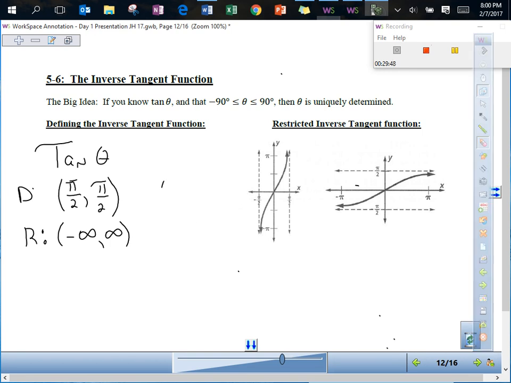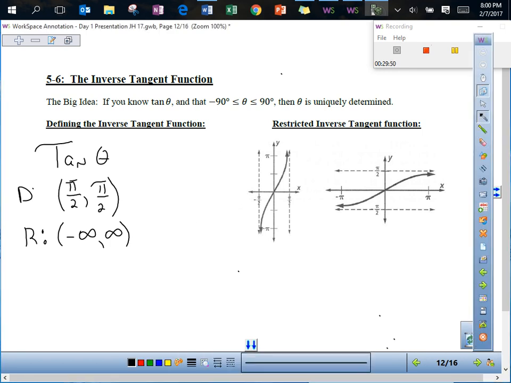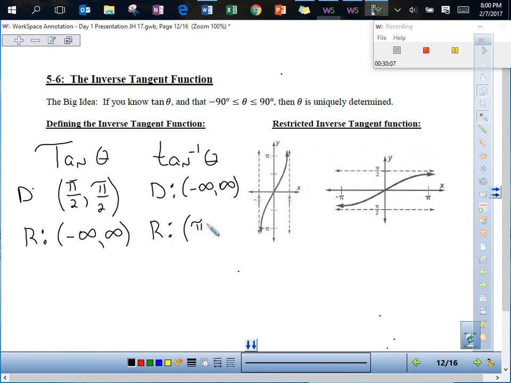So that means when we talk about the inverse tangent function, the domain is going to be negative infinity to infinity. My range is going to be negative pi halves to pi halves. Okay? And guys, what I did here is I gave you the graphs of them.